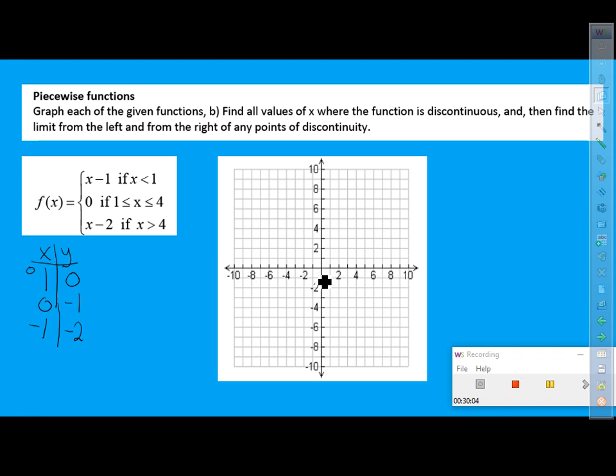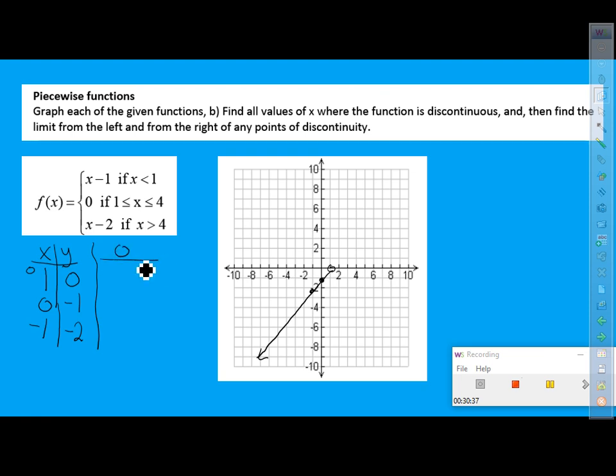I'm going to go over at 1, 0, and I've got an open dot. I'm going to go 0, negative 1, and I'm going to go negative 1, negative 2. So here's the first piece of that graph. I should see something with a slope of 1 that's going to cross at negative 1 on the y-axis, and I do.